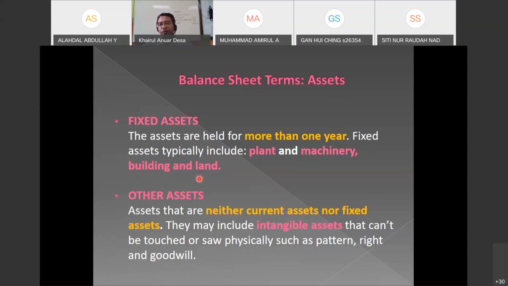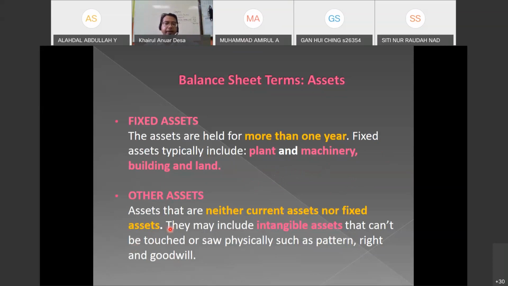So what is the meaning of jangka panjang? What is the meaning of long term is more than 1 year period. Tanah kita beli 30 tahun. Building kita buat bina dan kita boleh guna bangunan kilang kita for the 10 years. Machine we use for the 5 years, for example. Okay, plant we use for the 10 years, for example.